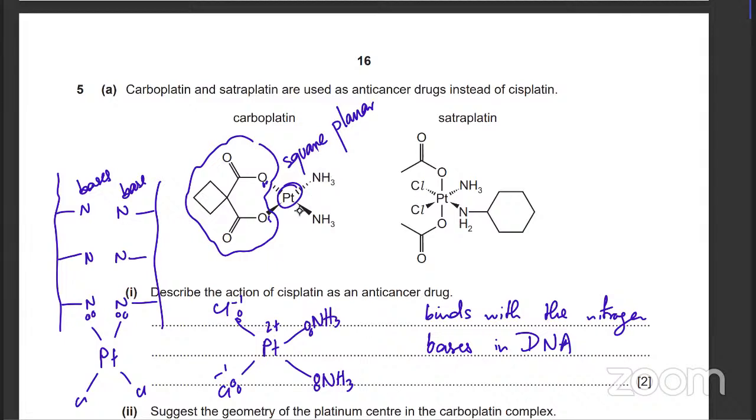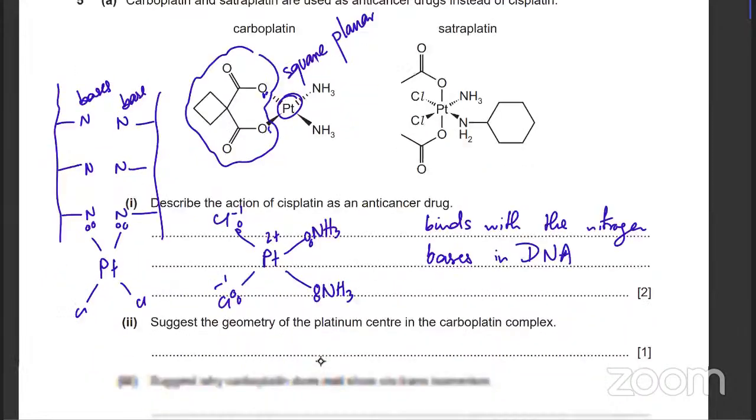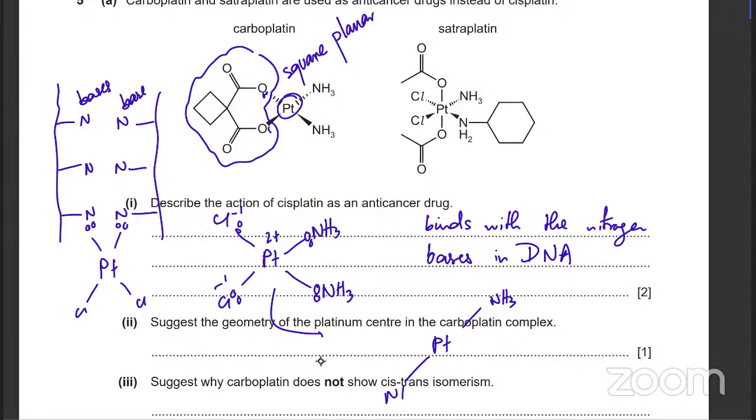The NH3s are pointing right next to each other, or the NH3s could be opposite to each other. Cisplatin had geometric isomerism where the NH3s could be at extreme opposite ends, and the Cls could be on the other ends. So that was a trans version of cisplatin. But this one cannot, because the bidentate ligand has to be broken.